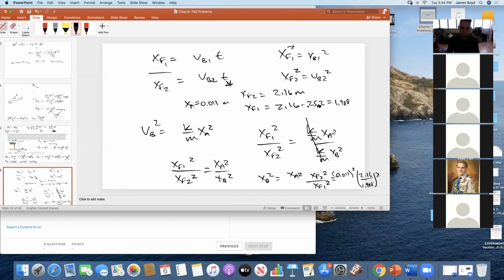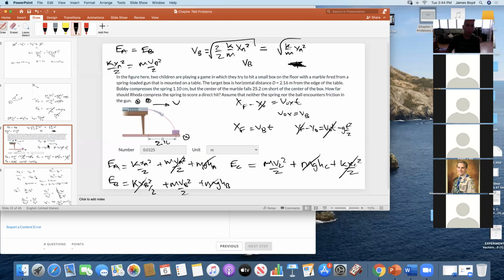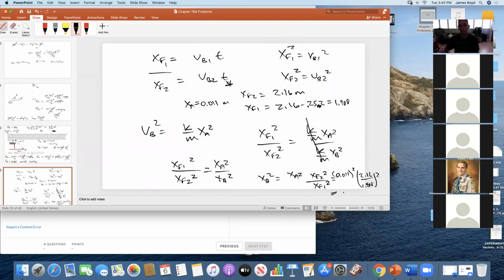So 2.16 divided by 1.908, and then I take the square root. I get 1.245. This ends up being, if you take the square root of both sides, 0.01245.